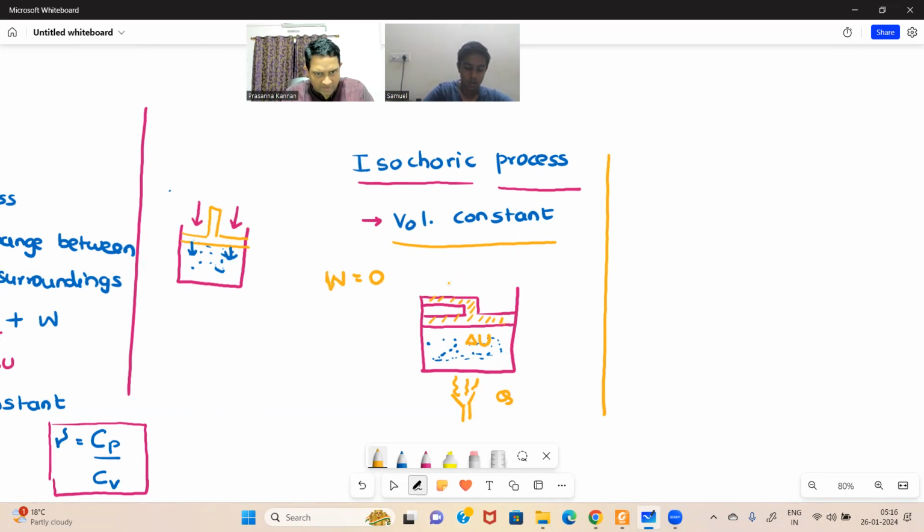Work done can also be written as pressure into change in volume. Because you know, right? Work done can be taken as what? Force into displacement. Yes, sir. So if I divide by area and multiply by area, what is force by area?